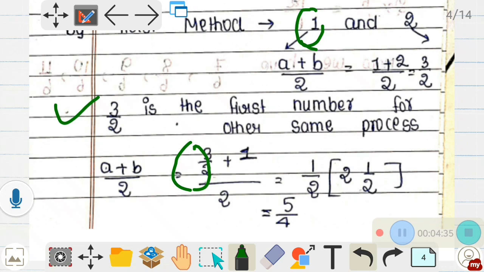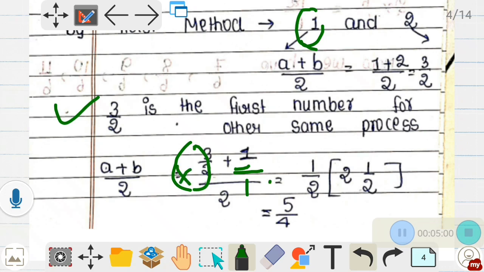Now we take 1 because we want to find a number between 1 and 3 by 2, and if that number is between 1 and 3 by 2, then that number will also be between 1 and 2. So we will take 3 by 2 plus 1, divided by 2.